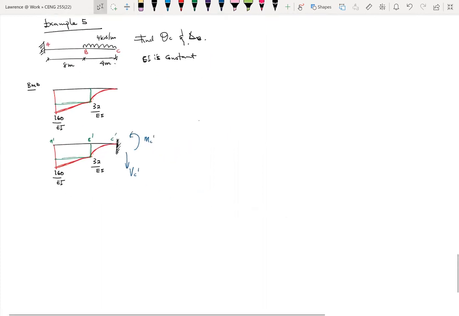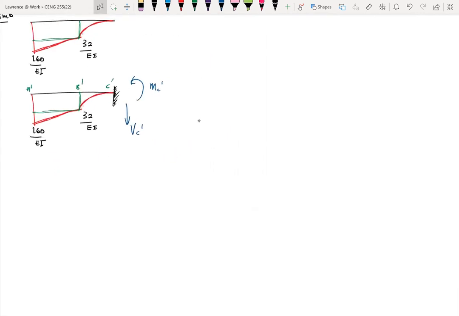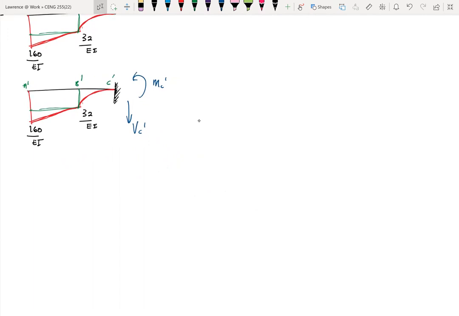Summation of vertical forces equals 0. Again, please note the loads are moving away from the beam. That is the general convention used. So VC prime plus the area of the different loads. Let's start with the rectangular, which would be base times height.